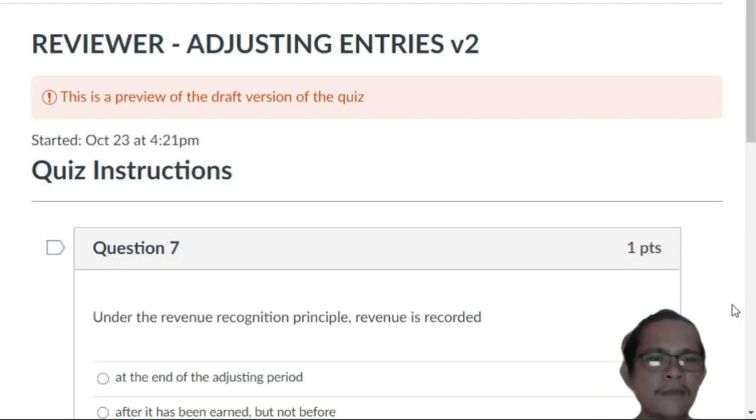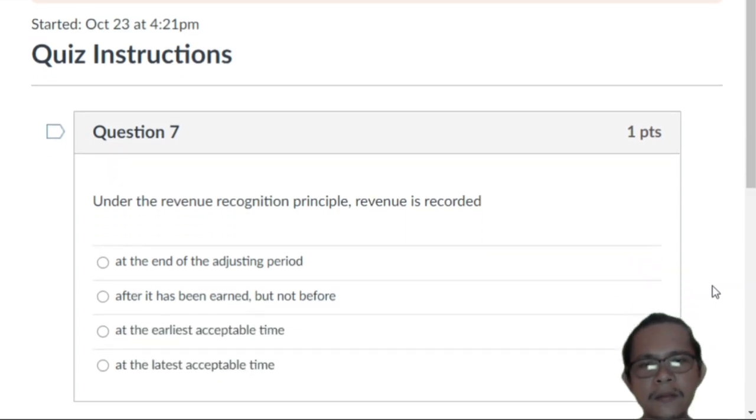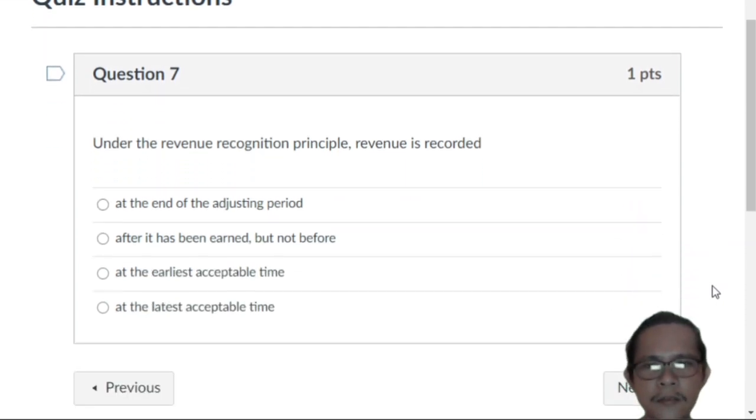Question number 7. Under the recognition principle, revenue is recorded at the end of the adjusting period, after it has been earned but not before, at the earliest possible or at the earliest acceptable time, at the latest acceptable time. Ano yung sagot dyan?